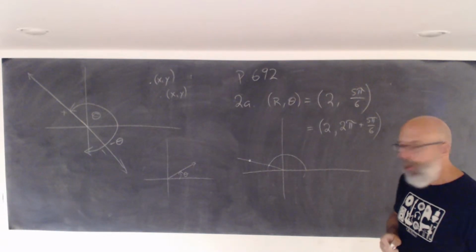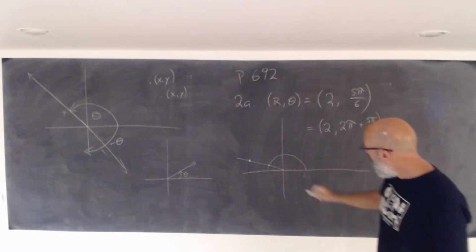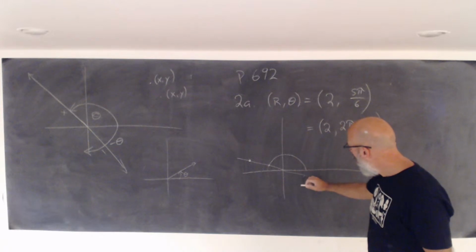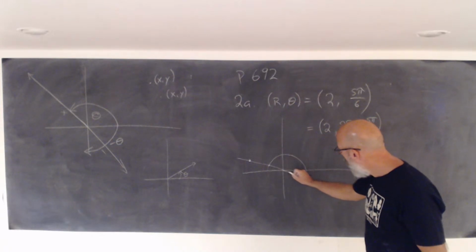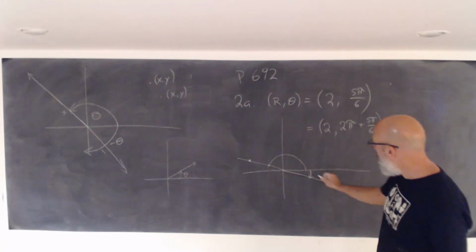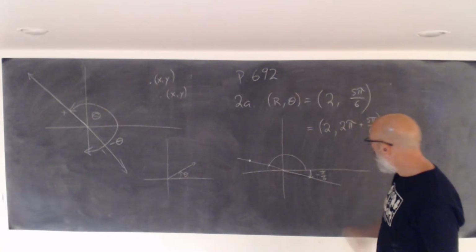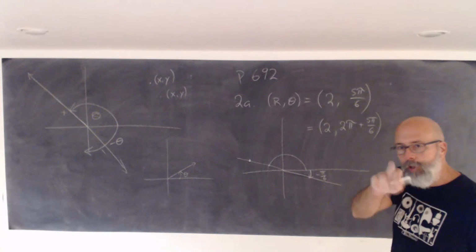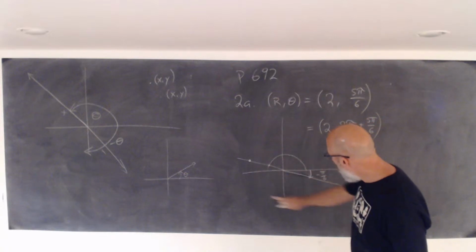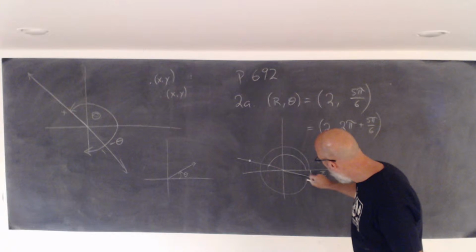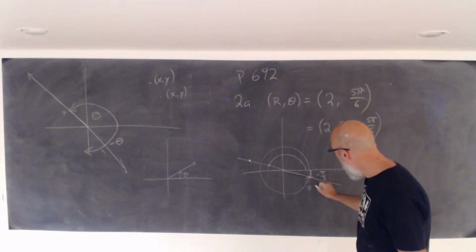And as Ahmad is suggesting, if instead you go a direction of negative pi over 6. Oh, actually, he went this whole region, which was 11 pi over 6.